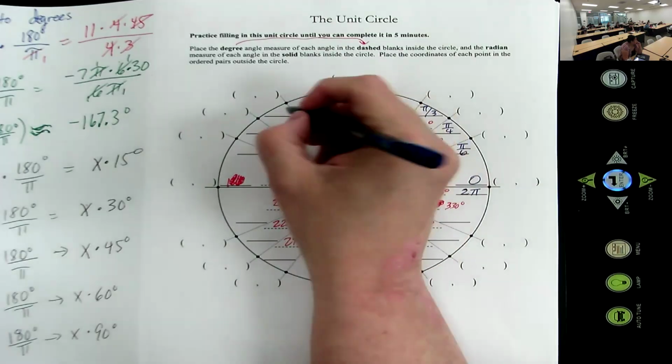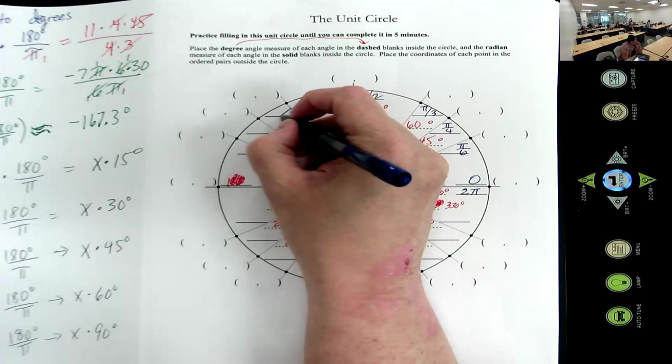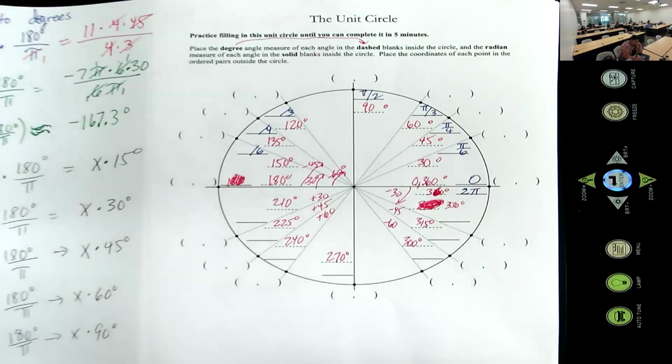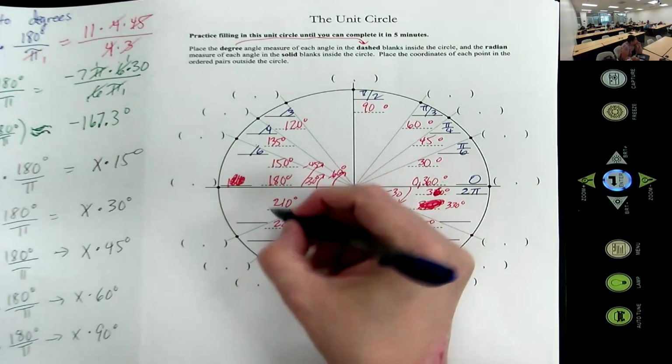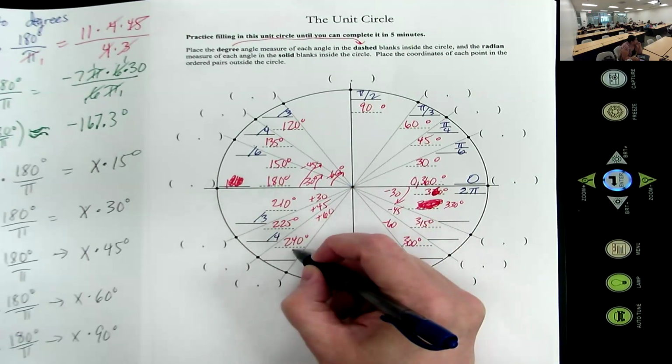And these denominators are gonna mirror across the axes. I will have over 3 right there, over 4 right there, over 6 right there. And it goes the same way down here, over 3 here, over 4 here, over 6 there.